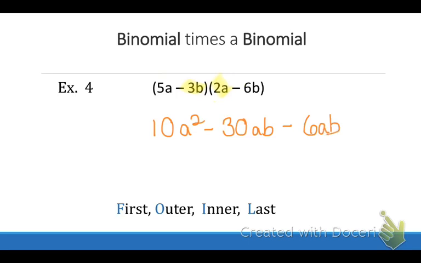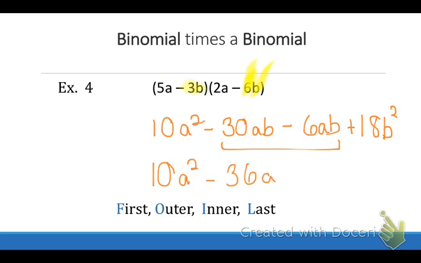And I put my variables in alphabetical order. And then the product of the last is negative 3 times negative 6 is positive 18. Let me switch here. Positive 18b squared. So again, my two middle terms are like terms: 10a squared minus 36ab plus 18b squared is my simplified trinomial.